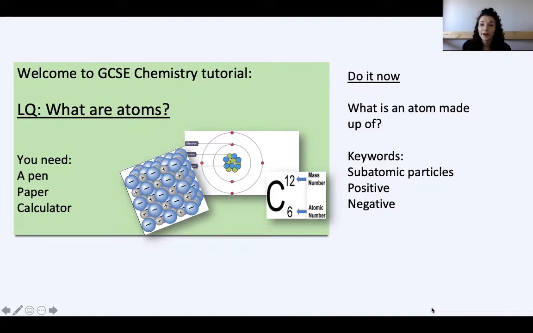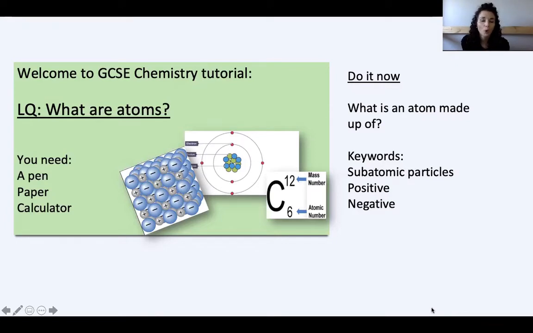So the first question for us here is, what is an atom made up of? And I've given you a couple of key words as a hint there. So we know that atoms are very, very tiny, but they are made up of things that are even smaller.